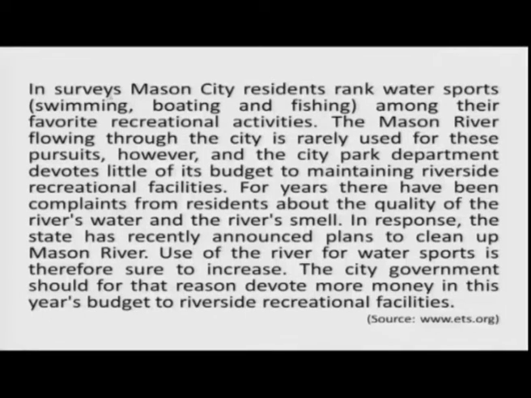In surveys, Mason city residents rank water sports, swimming, boating and fishing among their favorite recreational activities. The Mason River flowing through the city is rarely used for these pursuits. However, the city park department devotes little of its budget to maintaining riverside recreational facilities.